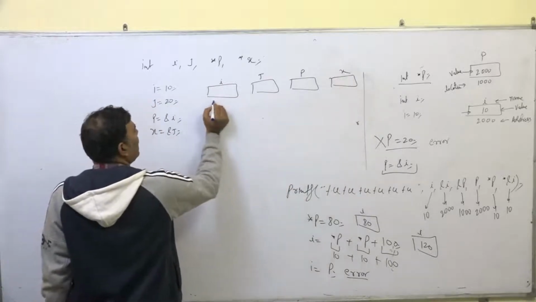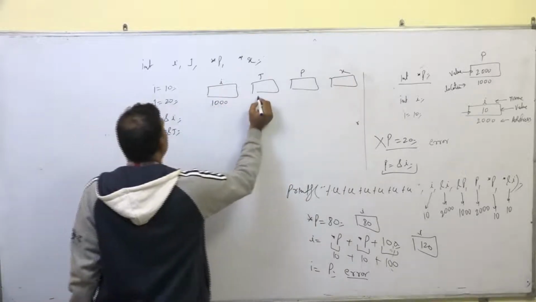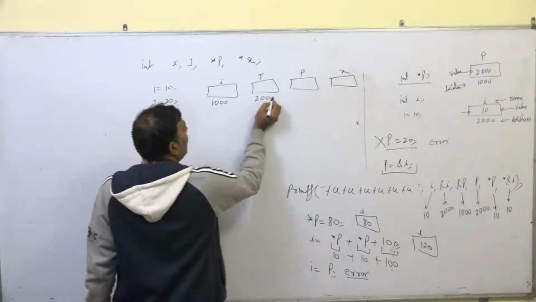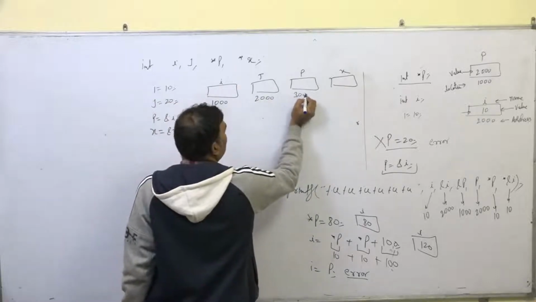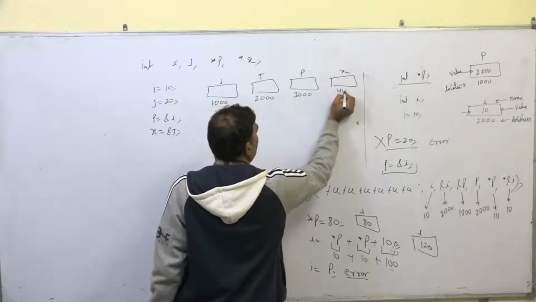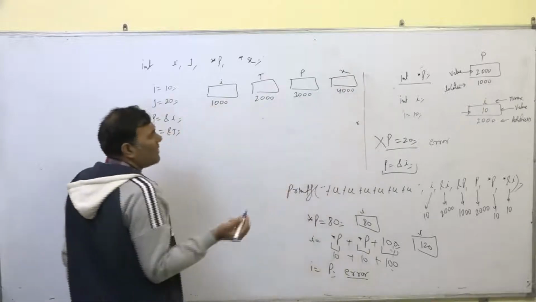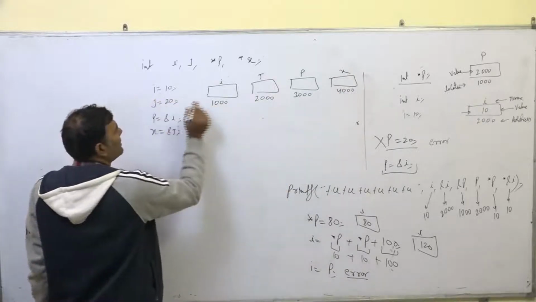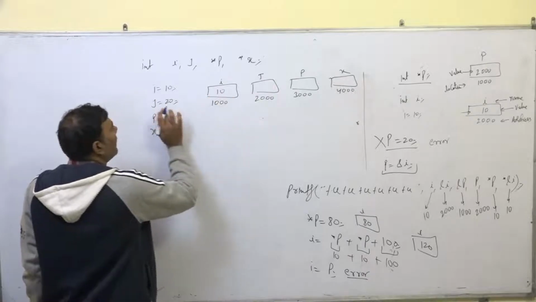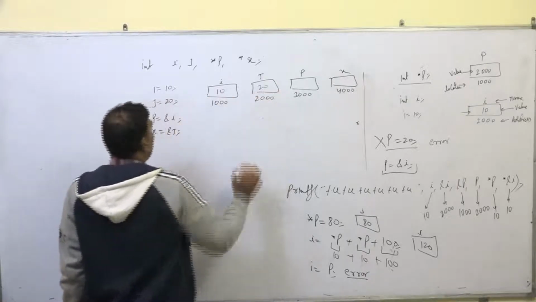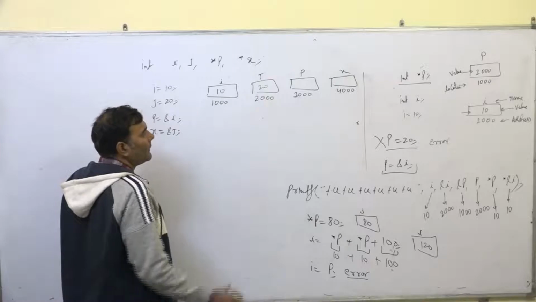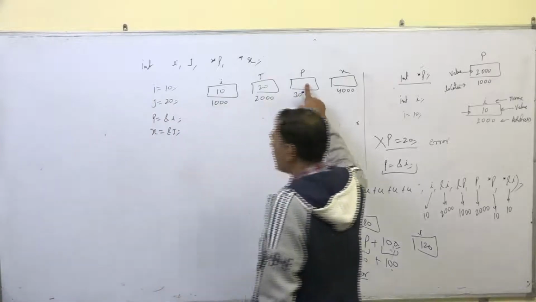So let the address of I be 1000, address of j is 2000, address of p may be 3000 and address of x is 4000. We assume these are some addresses. I holds 10, so the value of I is 10, the value of j is 20. In p, what can we store?